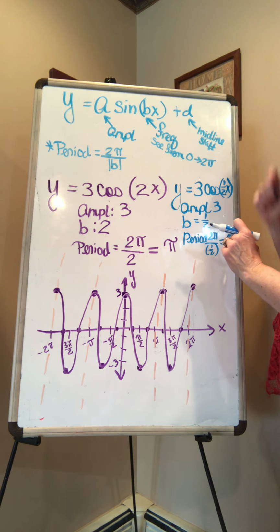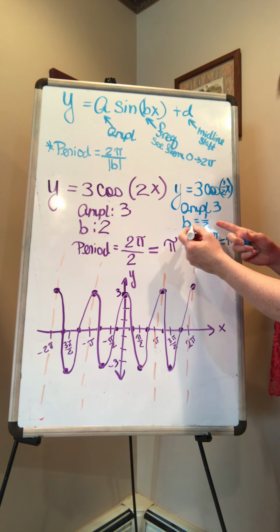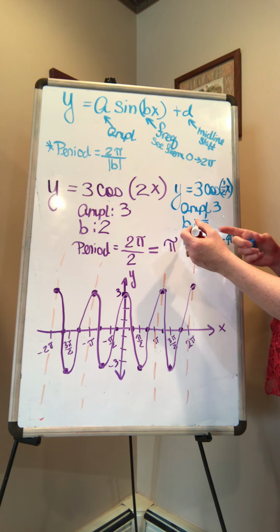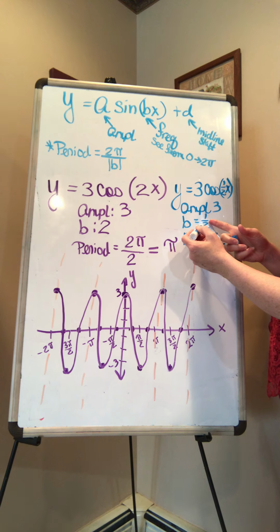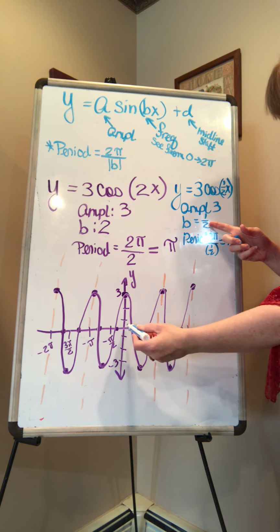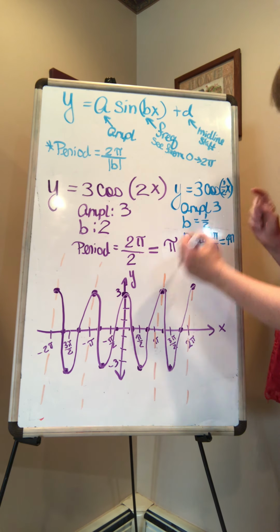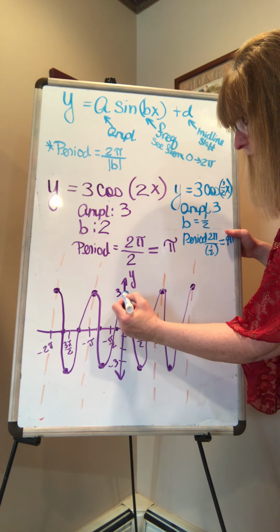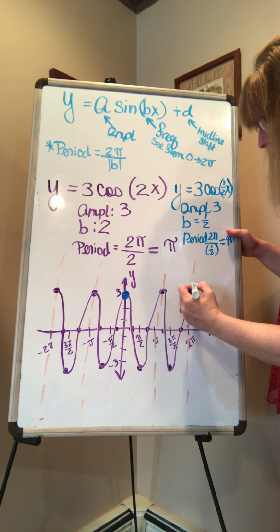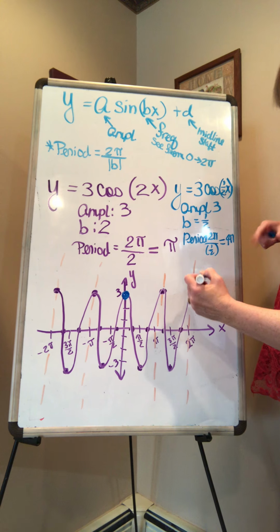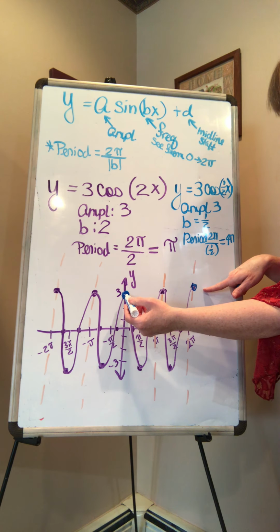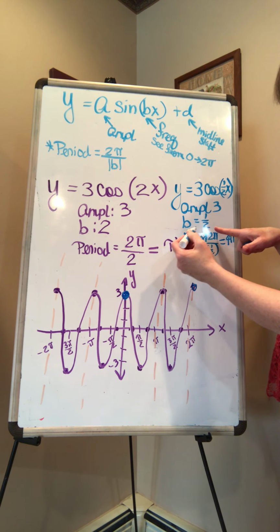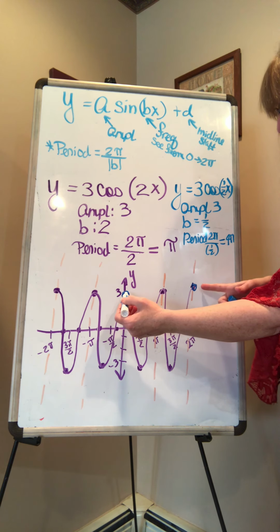On the positive side, I am going to see only half of my graph between 0 and 2 pi. That's what this means. So between 0 and 2 pi, I'm not going to see a full graph. Between 0 and 2 pi, I'm going to see half a graph.